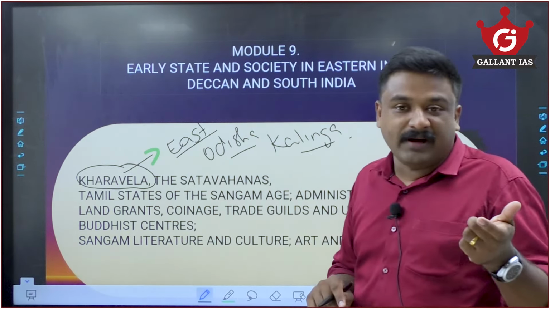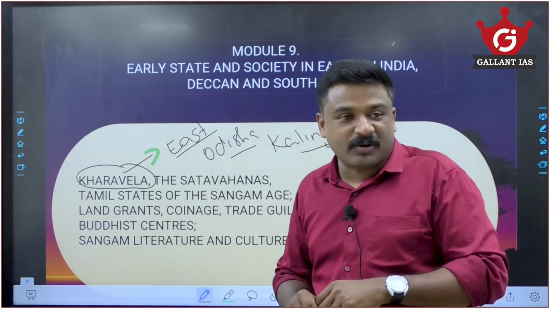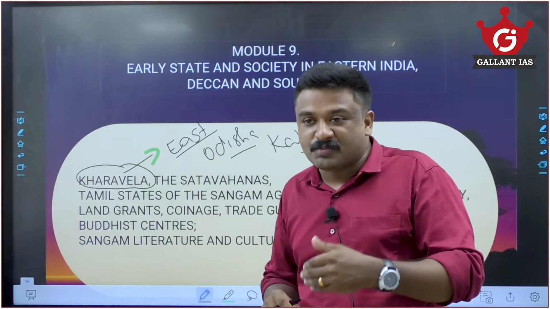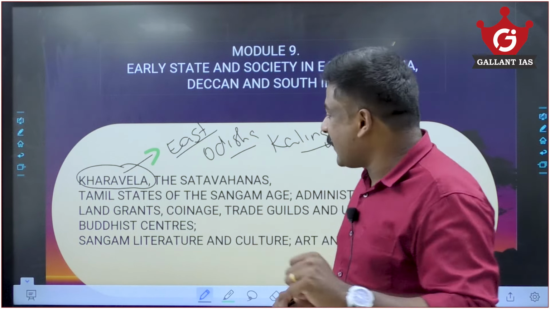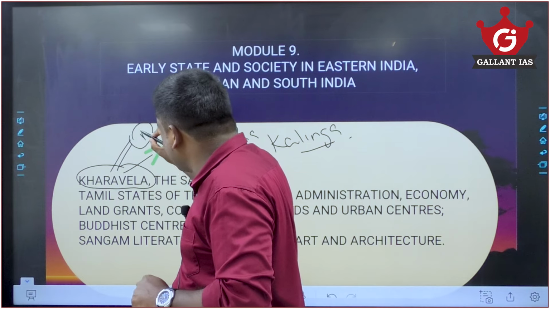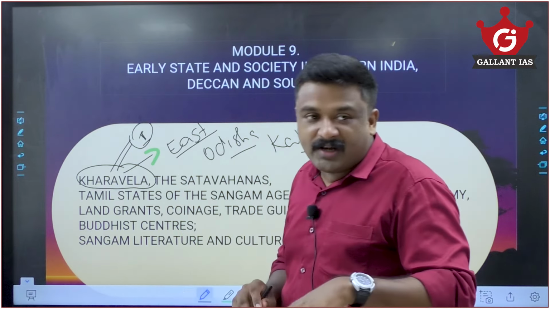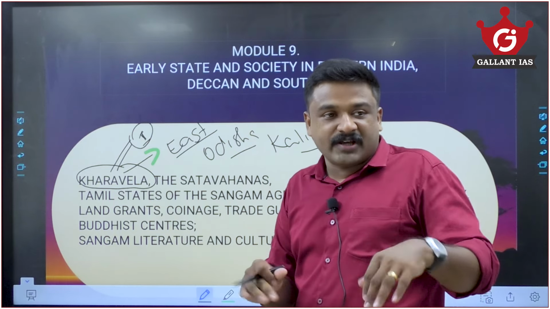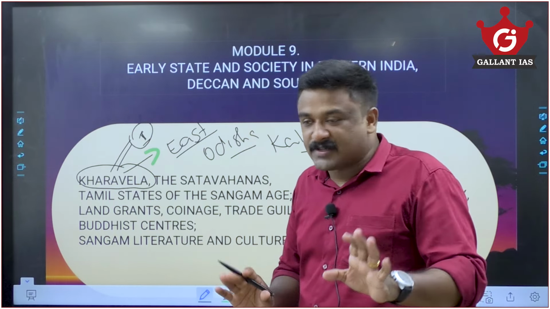We better know him by the Hathigumpha inscriptions. You remember? Hathigumpha inscriptions, Udayagiri cave inscriptions, and sculptures, etc. So Kharavela is the first important keyword you have to notice here. Yes, the Kalinga ruler and the Kalinga state, society, his administration, his contributions, his strategies, etc.